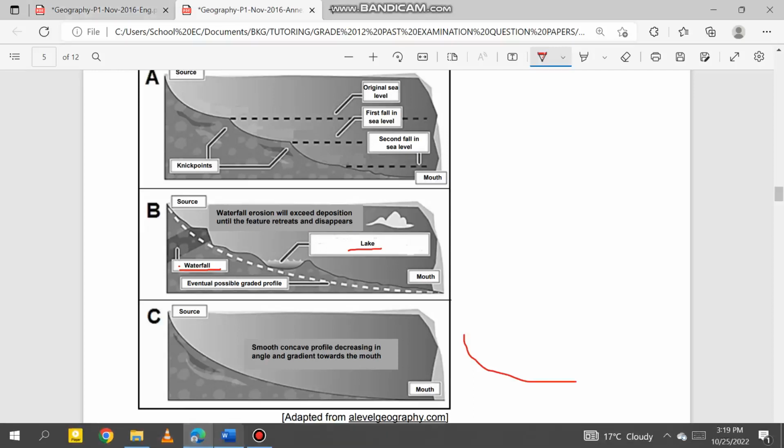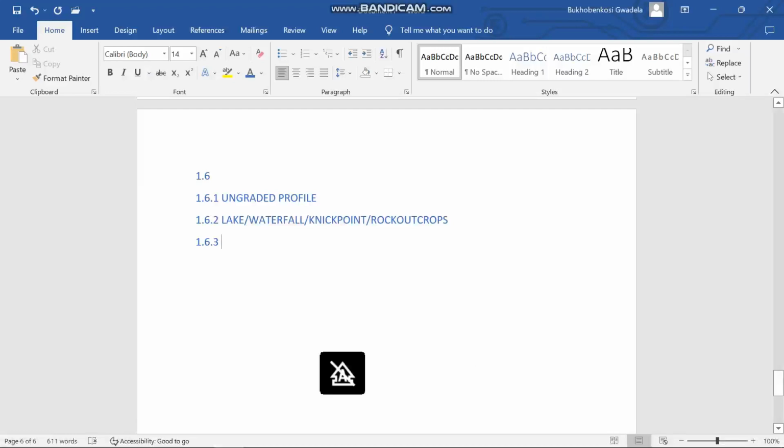So let's write our answers down. There is a drop in the original sea level. Second one, presence of nick points, or you can say waterfalls, an ungraded profile.